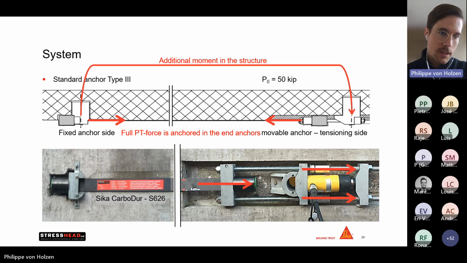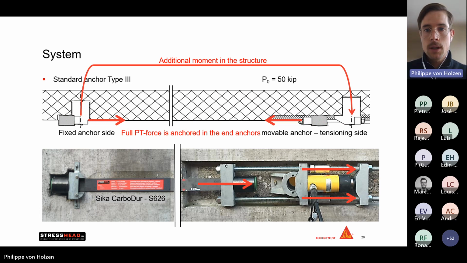The force is transmitted over the head to the anchor and finally generates us here this additional bending moment, which we are looking for in the structure itself. And the very important number is those 220 kilonewton or 50 kip. This is the final force or top force that we can apply to the system.